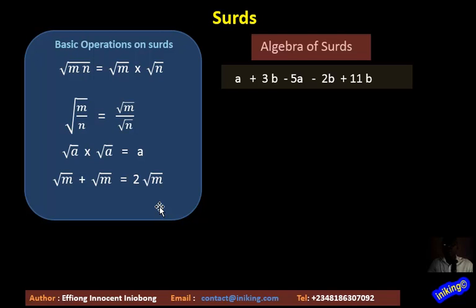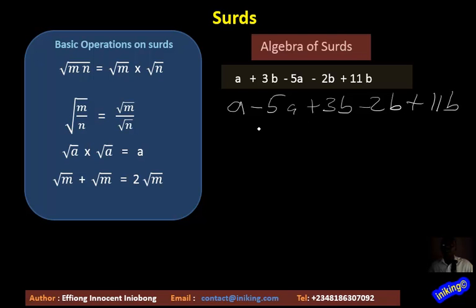That's it there. In algebra we have a plus 3b minus 5b minus 2b, minus 5a minus 2b plus 11b. What do we do? We simply collect our like terms. I think we learned this first year in the secondary school. We collect our like terms. A first, minus 5a, pack all the b's together, 3b minus 2b plus 11b.